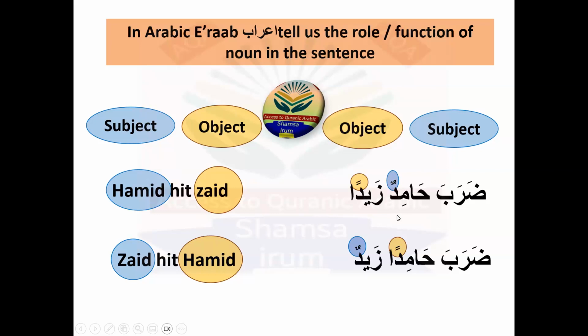Because of the changing of the airaab, or the changing of the state, this airaab change will tell us that the role of this noun is changed now, and we have to change the meaning. In the second sentence, it means Zaid hit Hamid. And in the first sentence, Hamid hit Zaid. So this is the beauty of Arabic, that we don't need to change the word positions. We just change the haraka of the last letter.